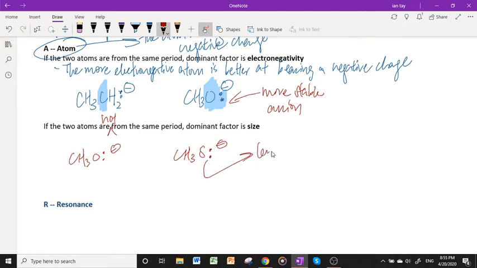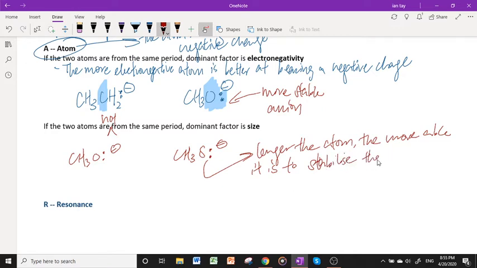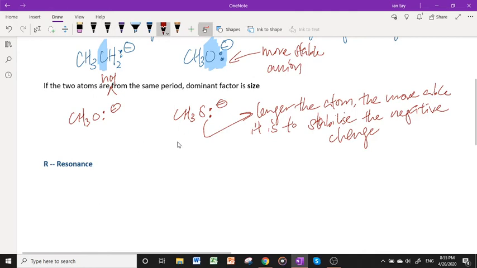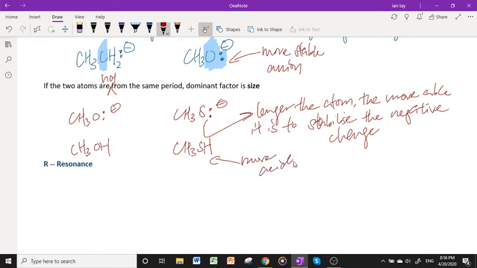Normally, the larger the atom bearing the negative charge, the more able it is to stabilize the negative charge, because the negative charge will be dispersed over a larger region of space, allowing a greater stabilization of the anionic species. This is the reason why thiols are generally more acidic than alcohols, because the conjugate base is more stable.